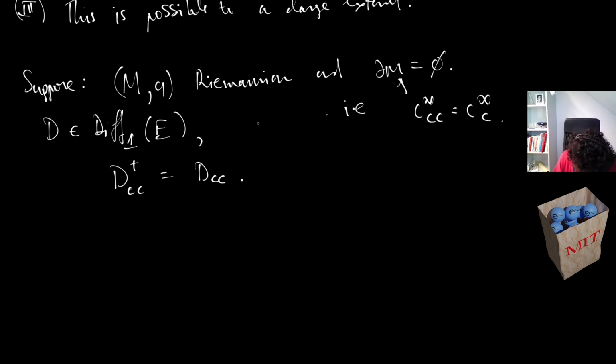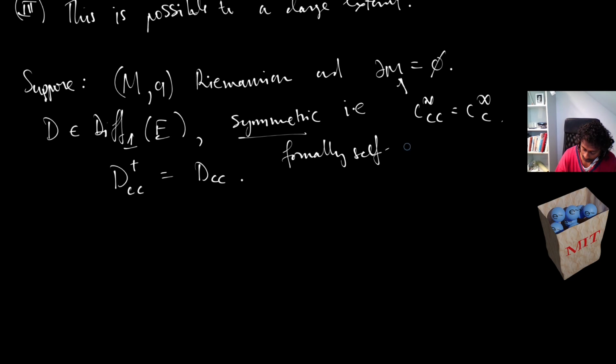It's a symmetric operator. The question was, is symmetric what we call formally self-adjoint? So in general in the literature, what you have is symmetric, because formally self-adjoint really is a symmetric operator with domain compactly supported smooth sections.